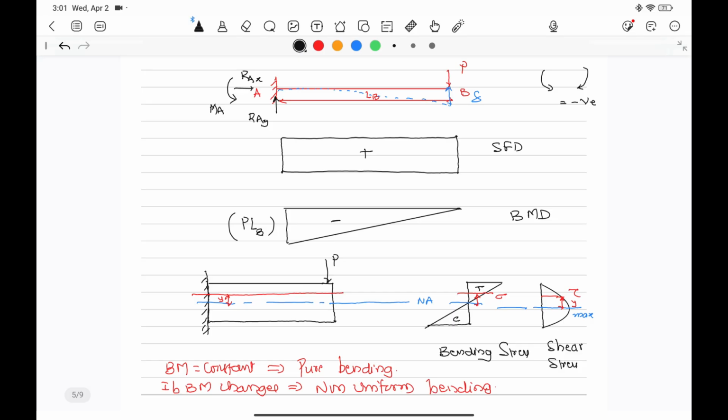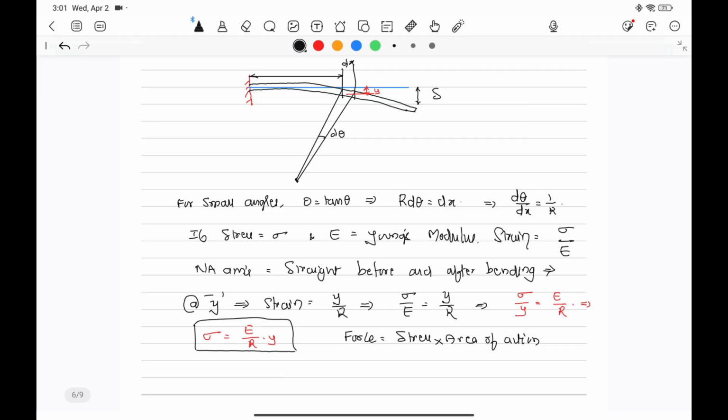What happens? For example, this cantilever beam is there. It is bent like this. And we will take, at a distance of x, some small portion dx. As far as the neutral axis is concerned, we have seen that the neutral axis is constant. The neutral axis is the axis where strain is 0. This is bent. In the top portion, strain is positive.